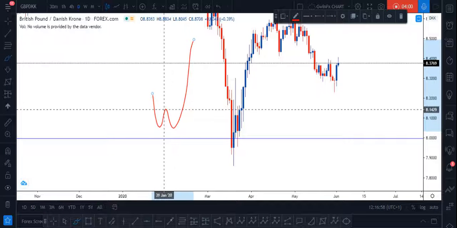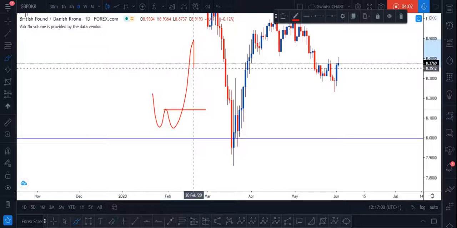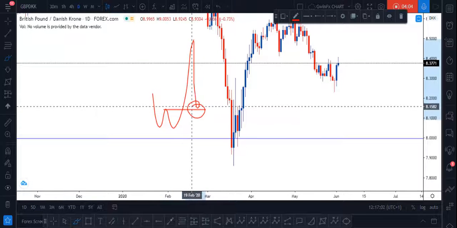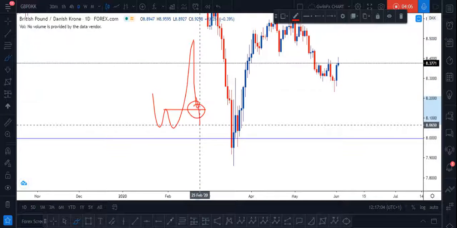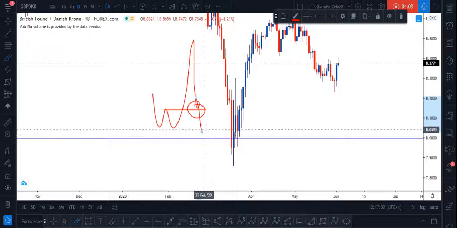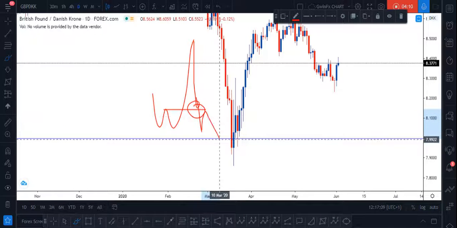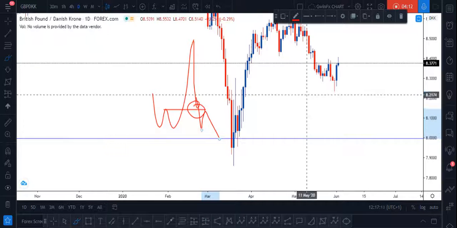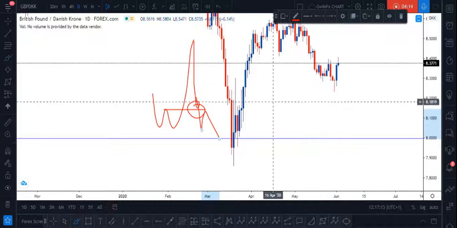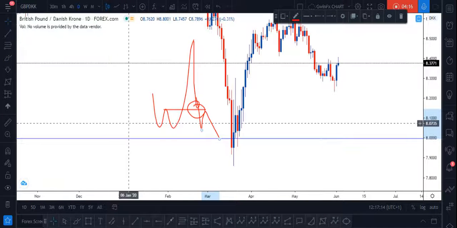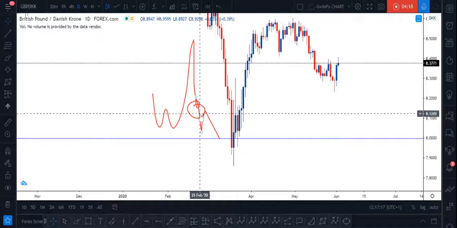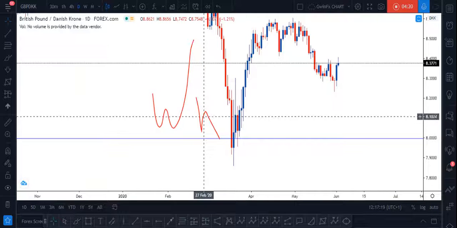Then we could expect a retest of the neckline, which we are about to see. Or if the price came in and broke the neckline, we would wait for a retest and continue selling the pair to the downside to complete the AB equals CD pattern, which we wanted to see initially.